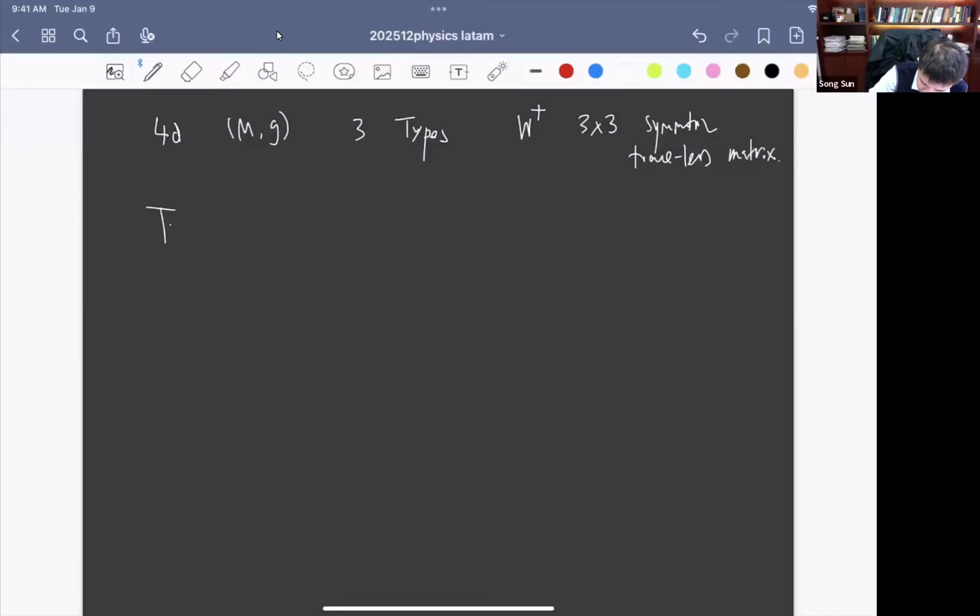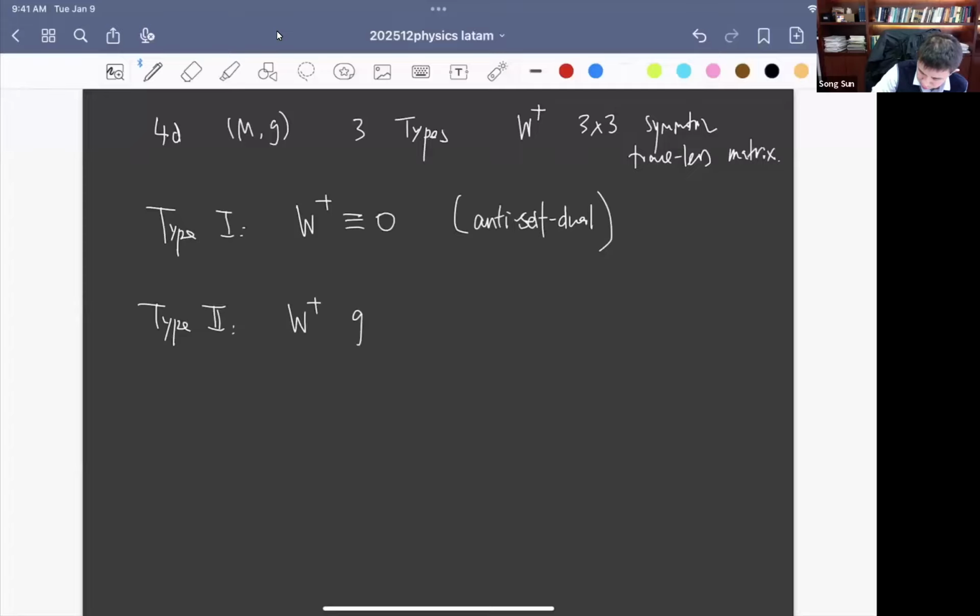So type 1 is W plus generically identically 0, so it's always 0. So this is anti-self-dual, which means it has only the anti-self-dual component of Weyl curvature, and the self-dual part vanishes. And type 2 means that W plus generically has two distinct eigenvalues.